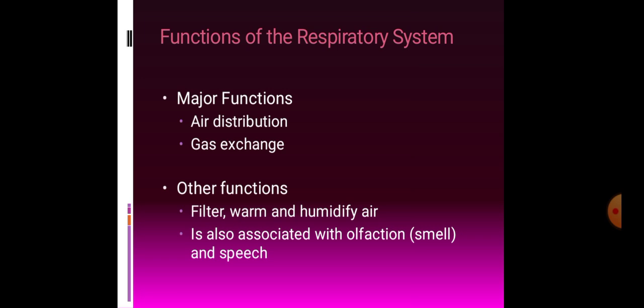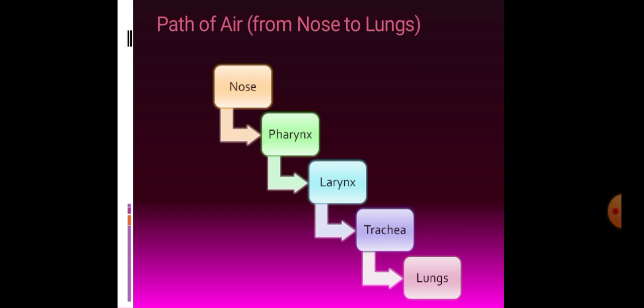Other functions of the respiratory system are to filter, warm, and humidify the air. It is also associated with olfaction and speech. Olfaction means smelling, analyzing the smell of the air, and we are also able to speak.